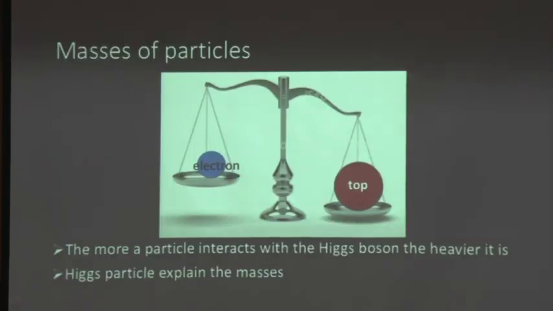Okay, now what about Higgs physics? Higgs physics is like we already discussed. The electron is very light and the top quark is very heavy, and the more the particle interacts with the Higgs boson, the heavier it is. If you had called this guy the electron, the electron would have appeared heavy.